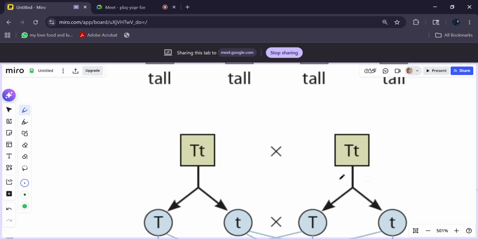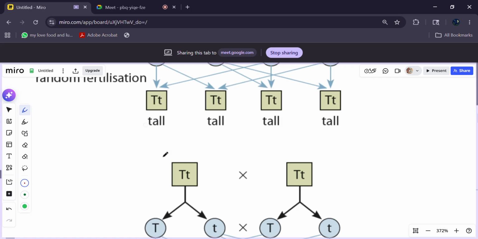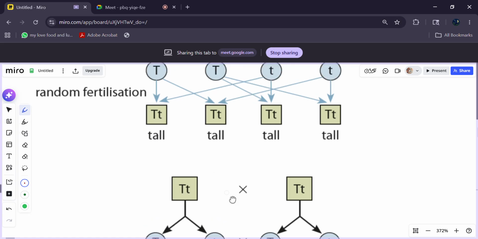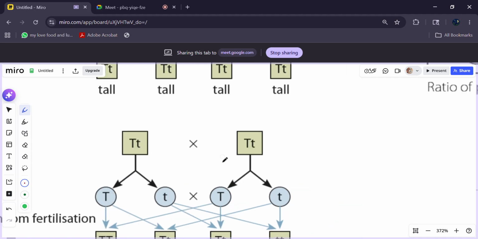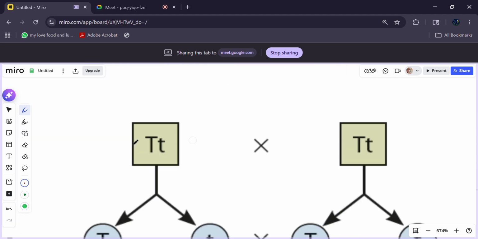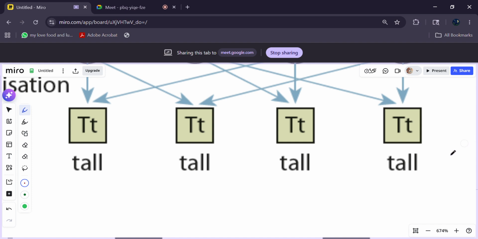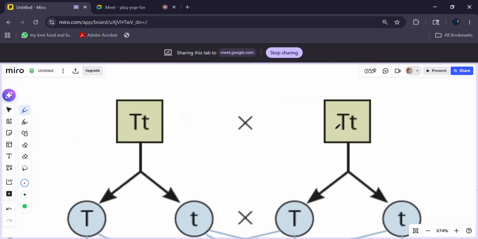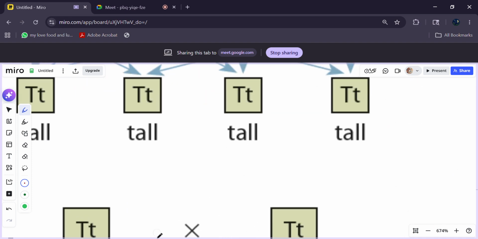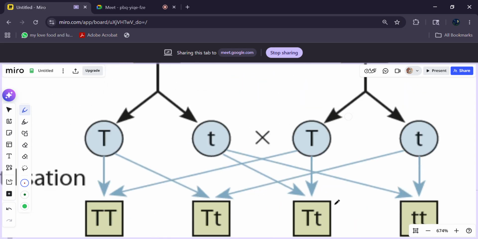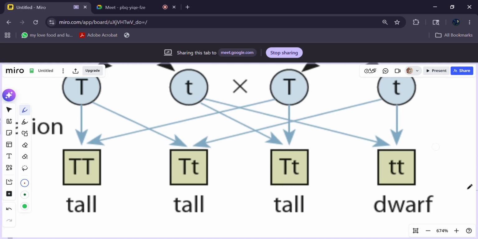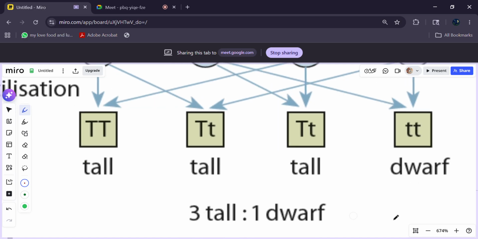Now in the second generation, they crossed two of the children. These two are heterozygous. All of the children are heterozygous, and in the next generation both parents are heterozygous. Since the parents are heterozygous, there's a chance that you can produce a dwarf child. So in this case, the ratio is 3 tall to 1 dwarf.